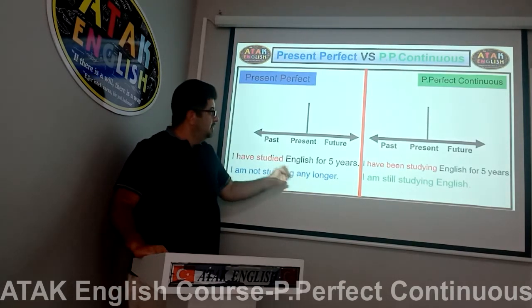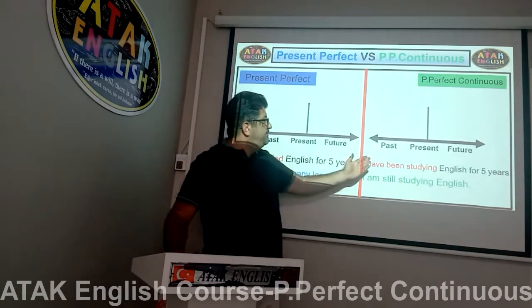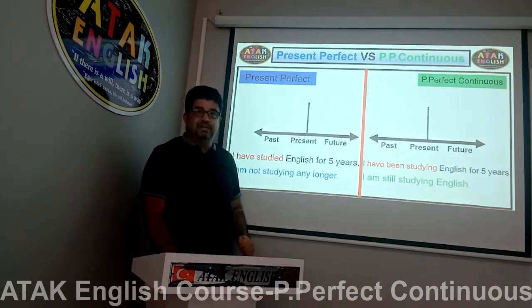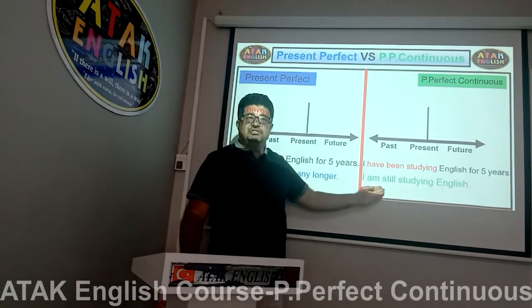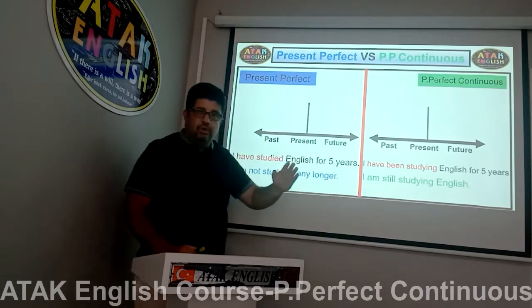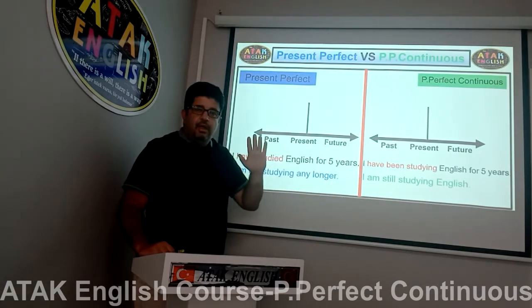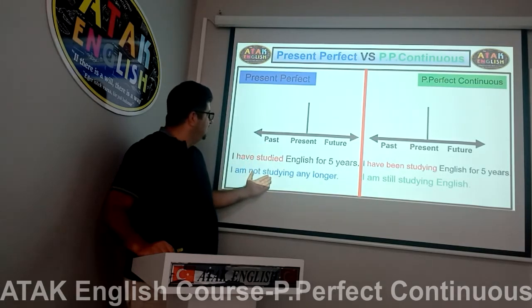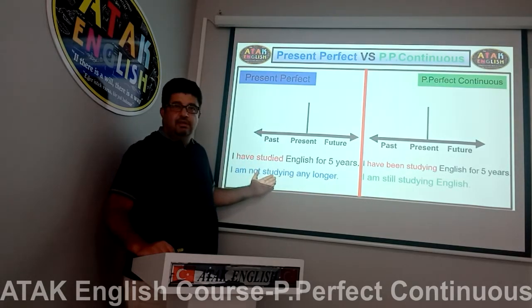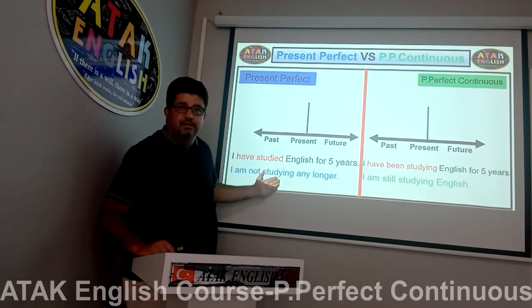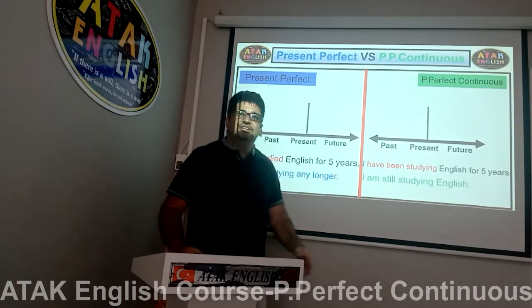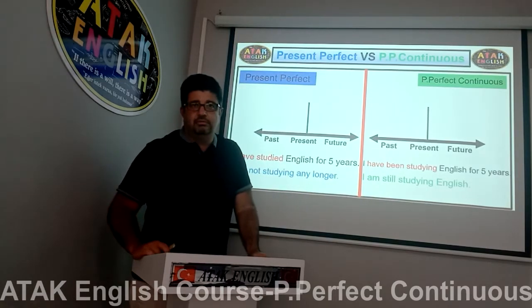But present perfect continuous, I have been studying English for 5 years, means I'm still studying English. So to sum up, one main difference is that in present perfect, the action is no longer happening, but in present perfect continuous, the action is still going on.